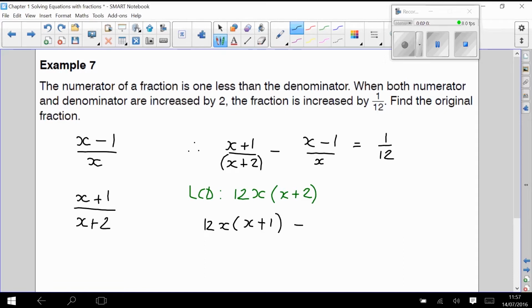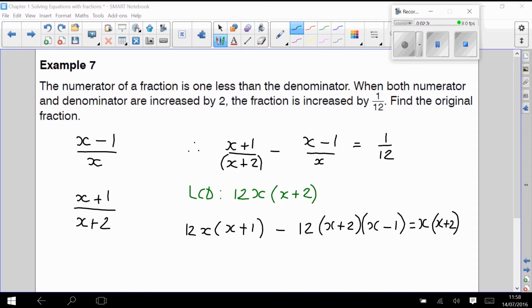Looking at the second factor, I didn't have a 12 factor and I didn't have an x plus 2 factor, and so those must be times by the original numerator. And then lastly, on the right-hand side, I only had a 12 factor, and so my original numerator of 1 must be times by x and x plus 2.